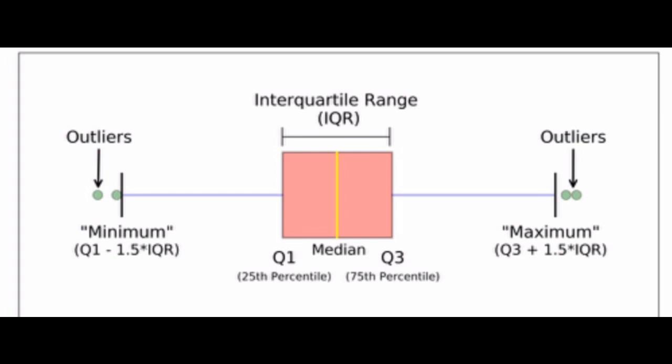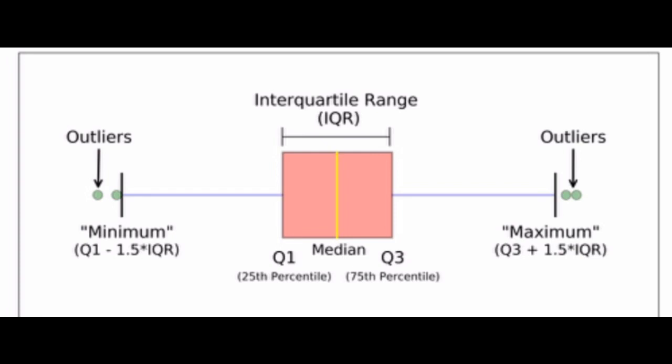It can tell you about your outliers and what their values are. It can also tell you if your data is symmetrical, how tightly your data is grouped, and how your data is skewed. The interquartile range shows how the data is spread about the median, that is Q3 minus Q1.